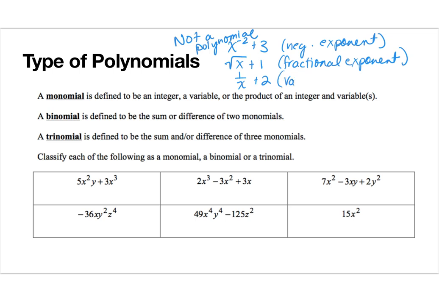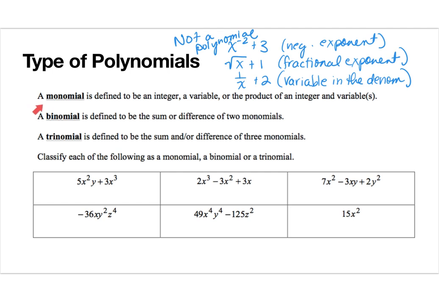It has a variable in the denominator. All the expressions written down here are polynomials. All the variables have powers that are whole numbers. I sometimes have a coefficient out in front. These are all polynomials.